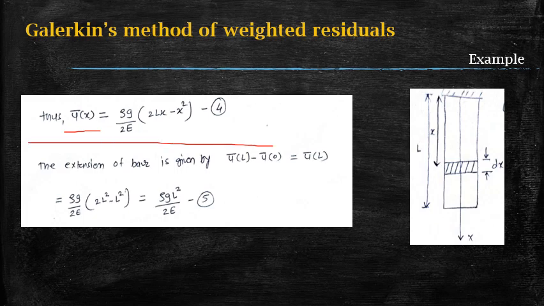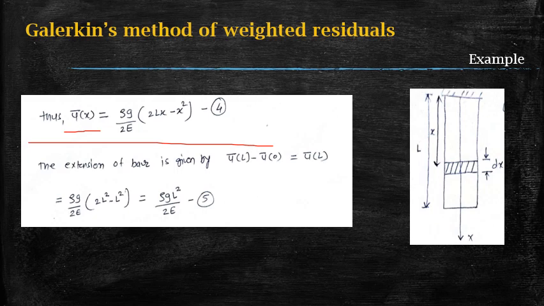Now you can use this u bar of x, which is a solution for the field variable. What was our field variable? Displacement. To calculate displacement, then strains, stresses. Suppose somebody asks you what is the extension of this bar.